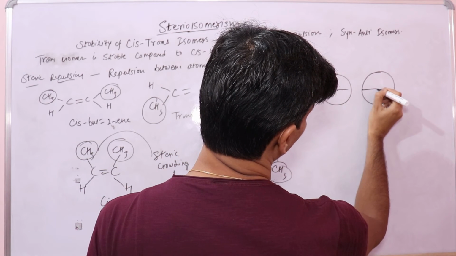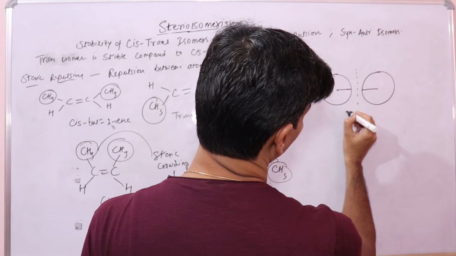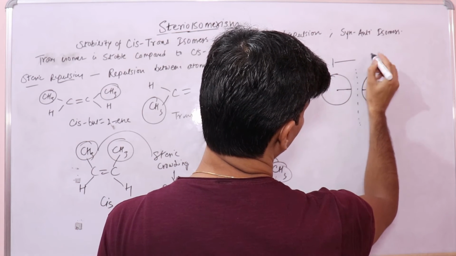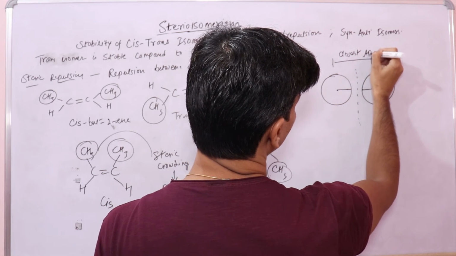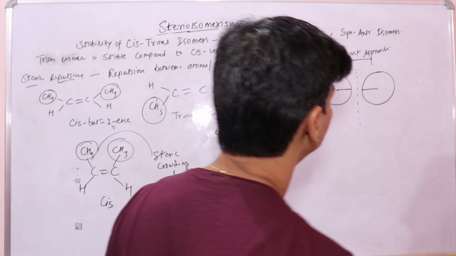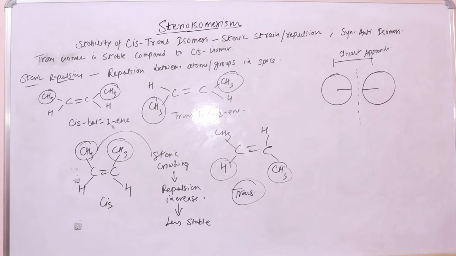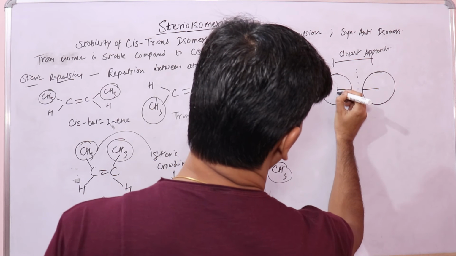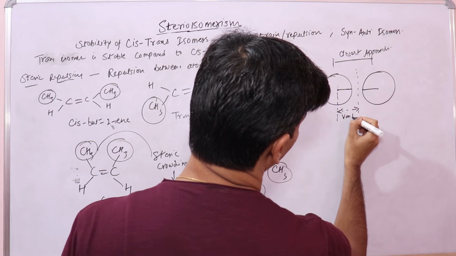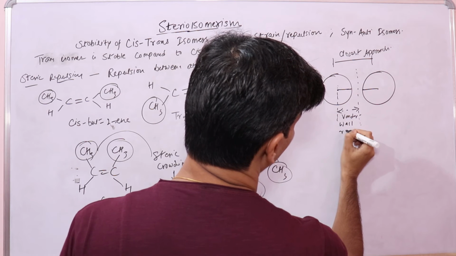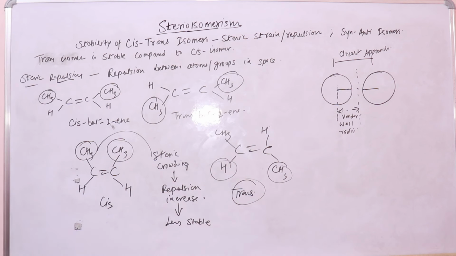Van der Waals radii: suppose this is the midpoint, this is your closest approach, and from here to here this is your van der Waals radii.